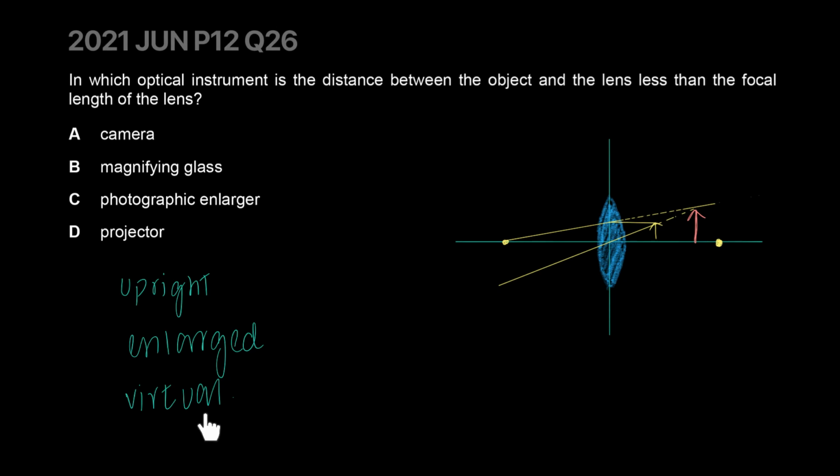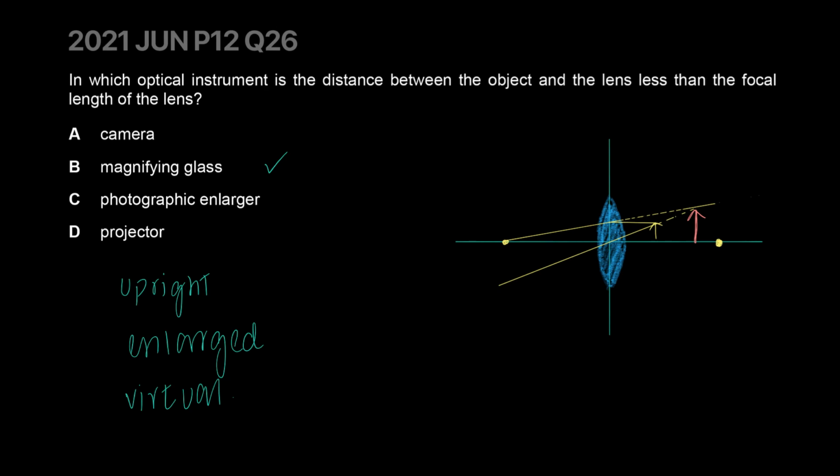Something needs to be there on the screen for it to form. So this is bad for a camera. For a magnifying glass, this is actually ideal. The image is in the right orientation. It's virtual, but you can still see it, and it's larger. So yes, a magnifying glass is very happy with this sort of setup.